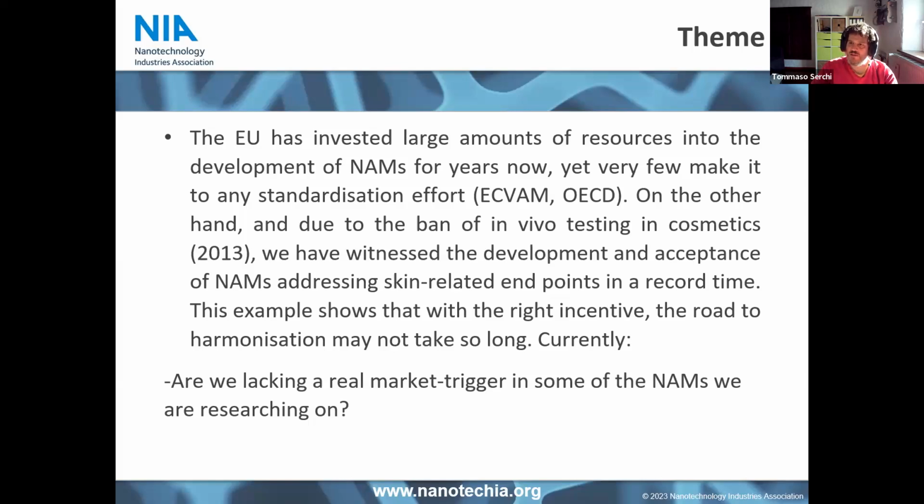And the method should be universal, because if a method is designed to predict a certain outcome, in principle, if it is realistic and reflecting the physiology, it shouldn't matter if it is a nano or not a nano. And we are still not there. So once we reach this point, I think all the rest will be, at least in the field of nano, downhill, because then we will be able to use much more reliably our data, which we can use to do the read-across, to come back to the original question.